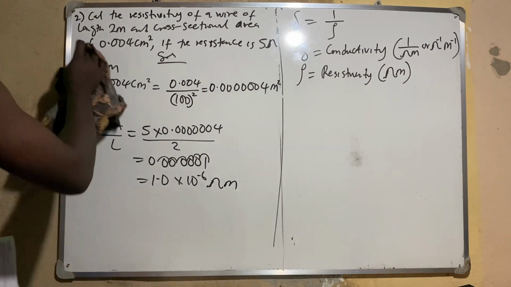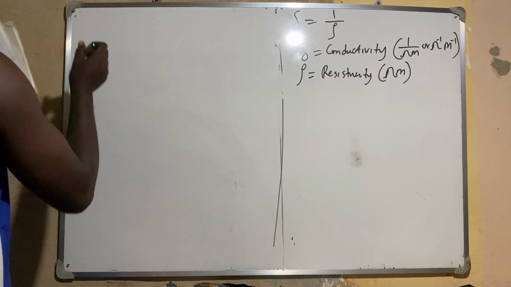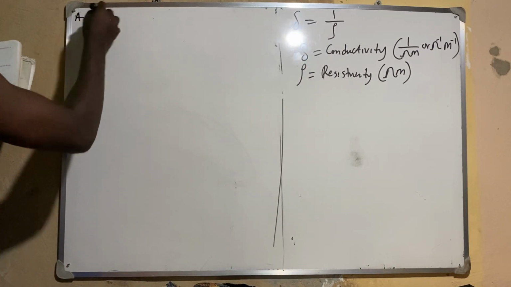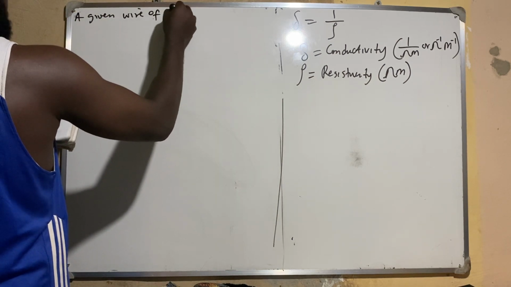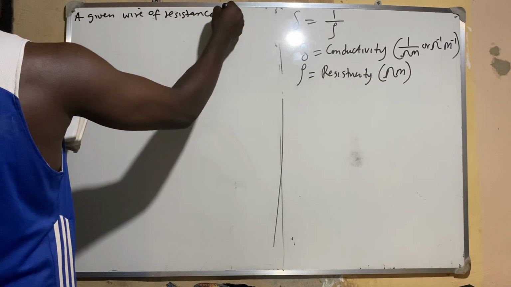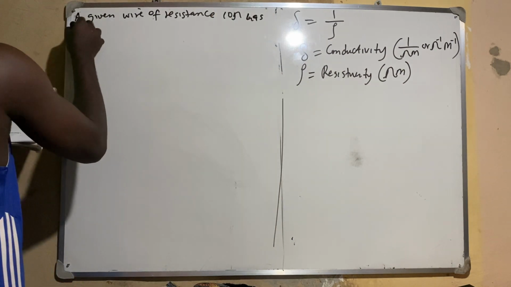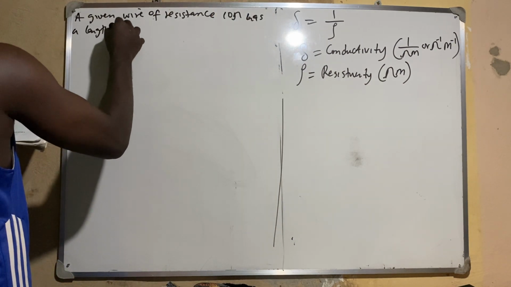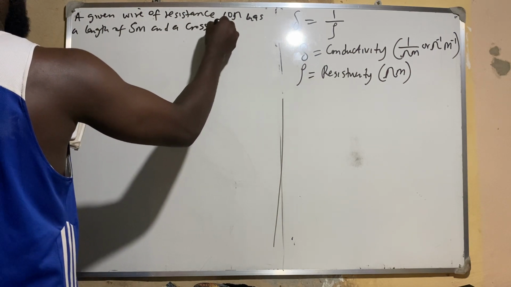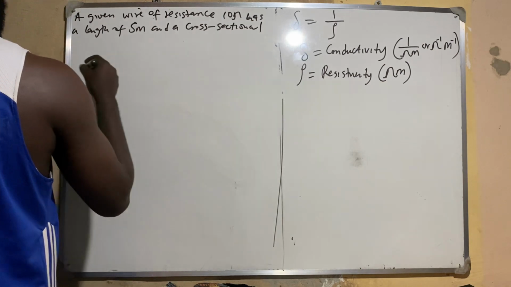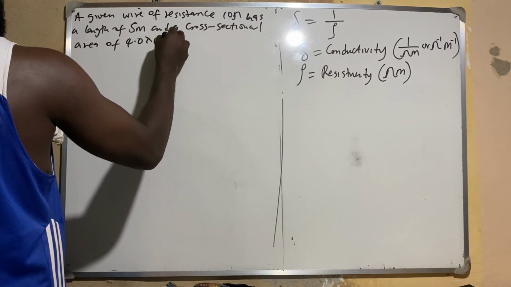So number 3 question, the third question. Question number 3 said a given wire of resistance 10 ohm has a length of 5 meters and a cross sectional area of 4.0 times 10 raised to the power minus 3 meter.